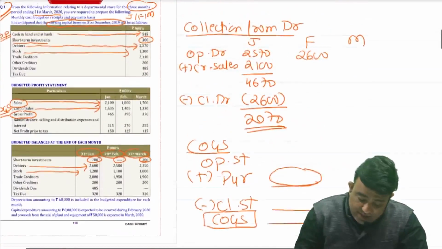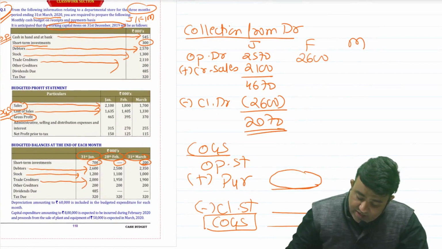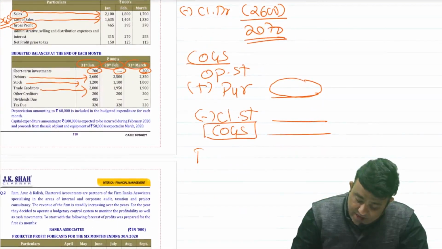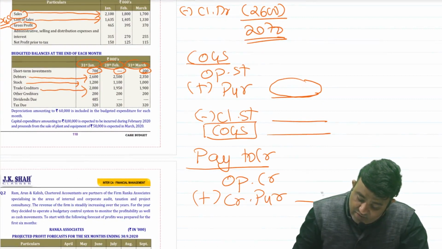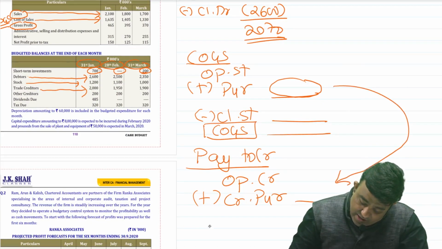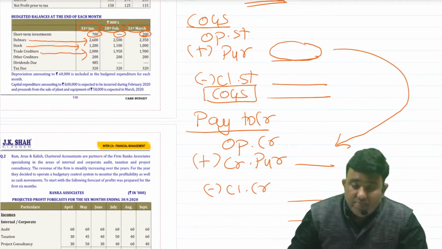And the next item is trade creditors. So this trade creditors will be applied as payment to creditors, which will be opening creditors plus credit purchase, which I will be deriving from this part, and minus closing creditors will give me payment to creditors.